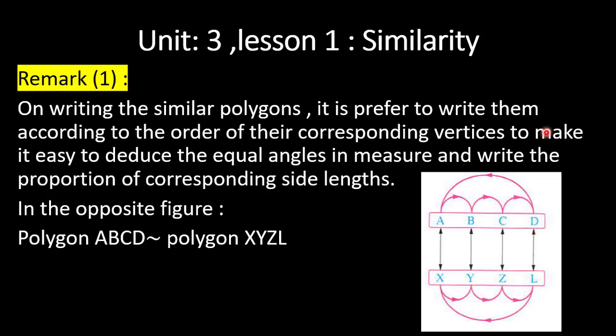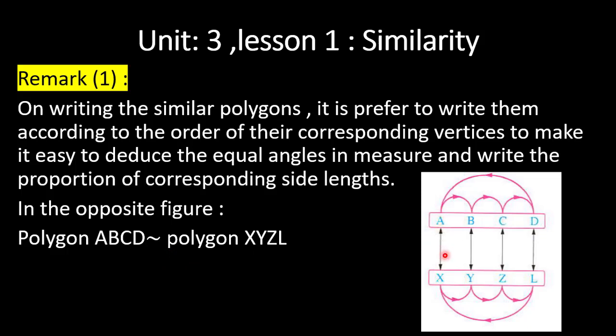When we write similar polygons, we prefer to write them according to the order of their corresponding vertices. It will be easy to get the proportional sides. So here, for example, we said that polygon ABCD is similar to polygon XYZL.